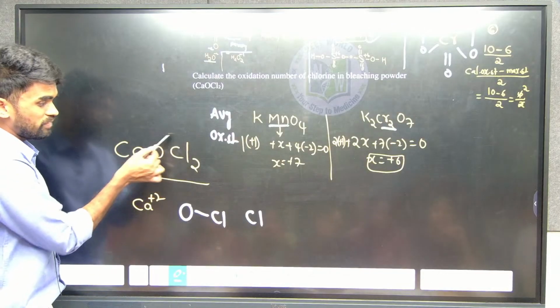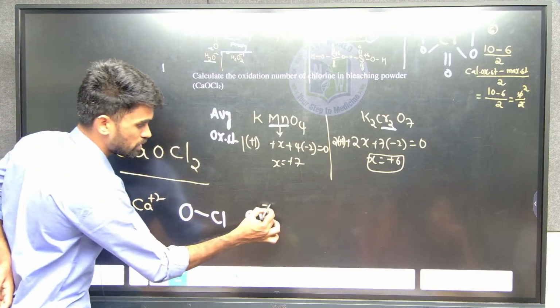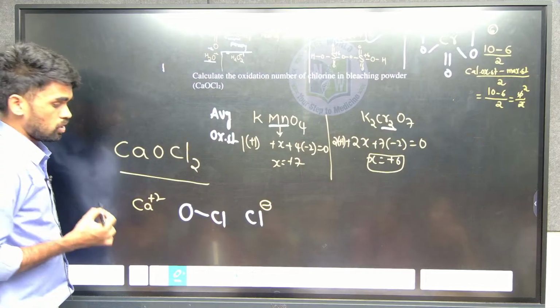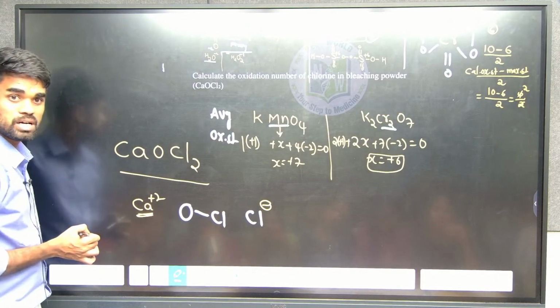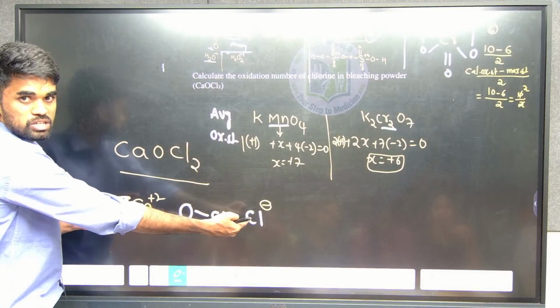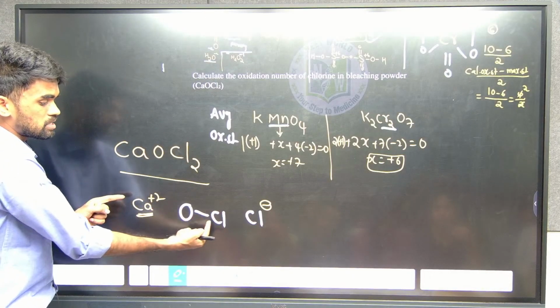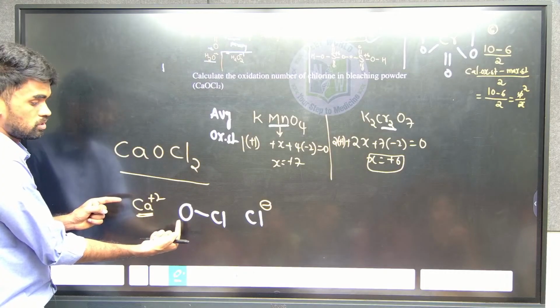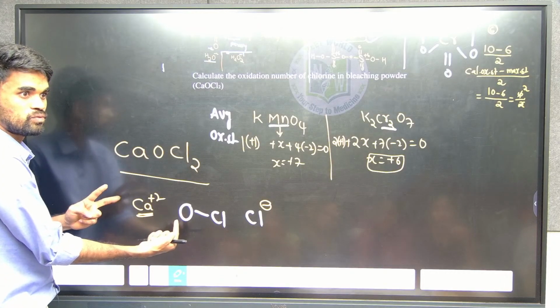Out of these 2 chlorines, 1 chlorine will have -1 charge. See, calcium, how much charge? +2. So this is +2, which means 1 chlorine is already -1. Between chlorine and oxygen, who is more electronegative? Oxygen is the second most electronegative, first is fluorine.